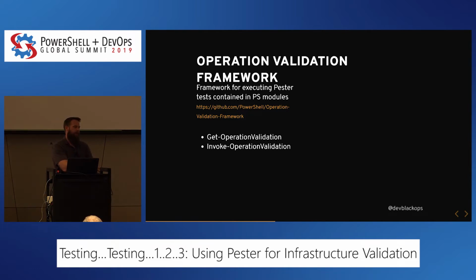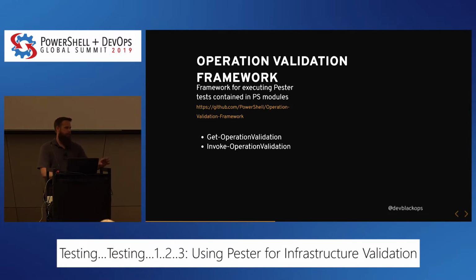So you can publish them to a gallery, download them, search for them, version them, et cetera, run certain versions of tests, and it's really just using PowerShell modules as a vehicle to do that. But ultimately, what it's doing is executing Pester tests that are riding along inside that module.